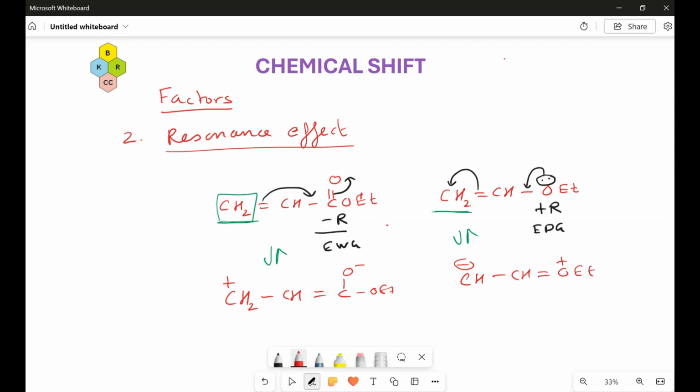Now you can see that this carbon carries a positive charge and this carbon carries a negative charge. So the hydrogens here are de-shielded, and here the hydrogens are shielded because they have a negative charge.